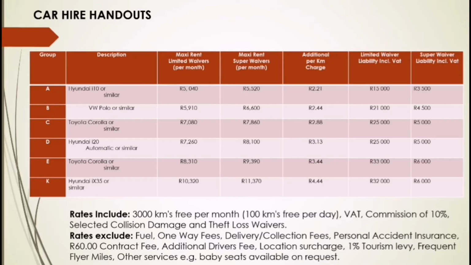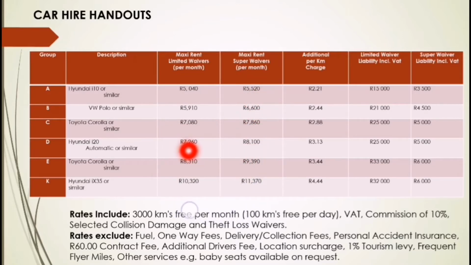This is equivalent to 100 kilometers a day. This rate also includes your VAT, your commission of 10% as the travel agent, and selected collision damage waiver and theft loss waiver.